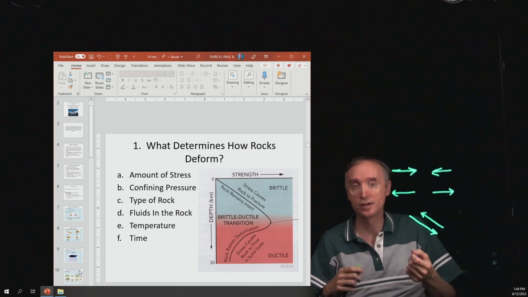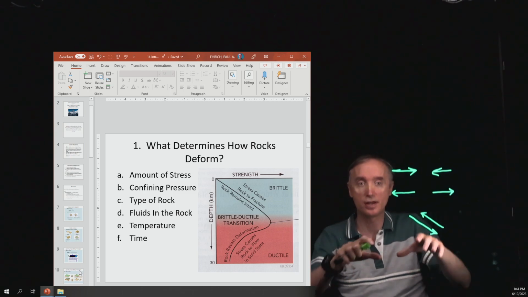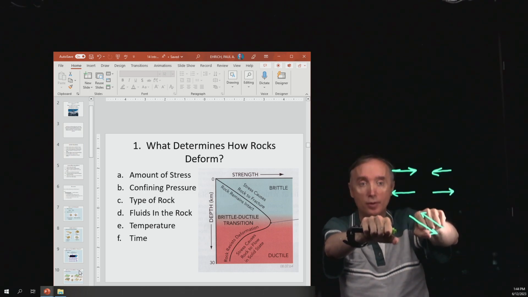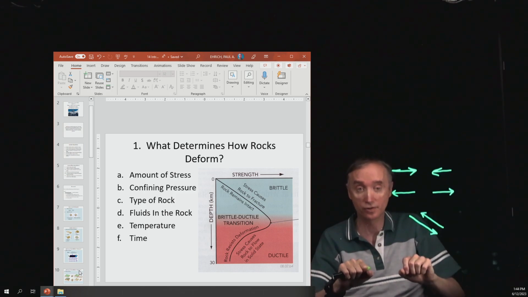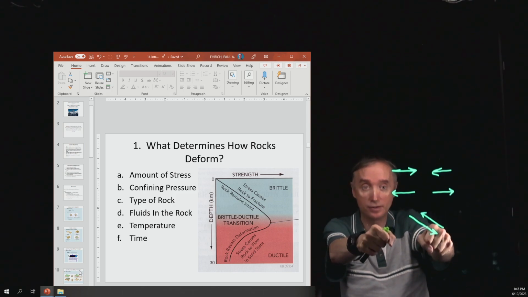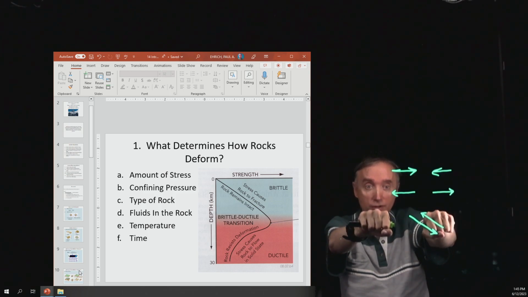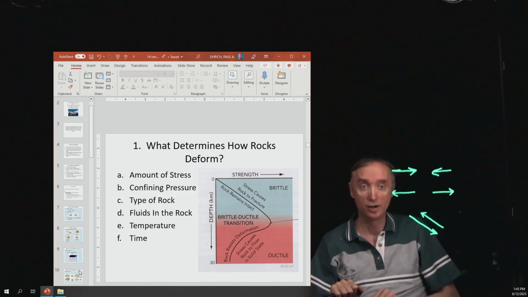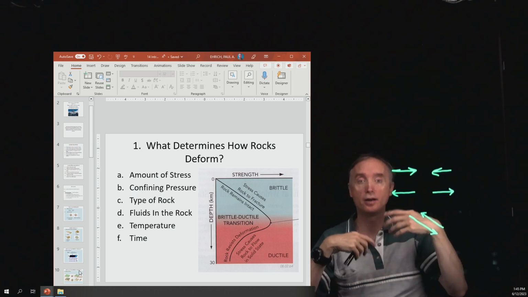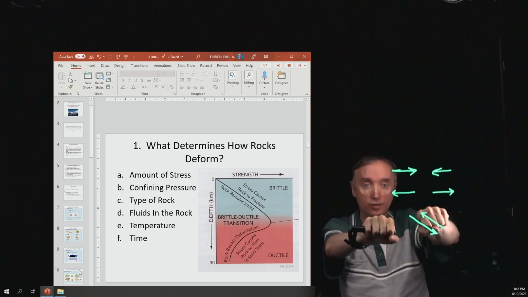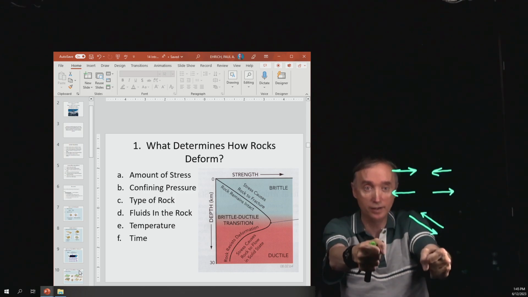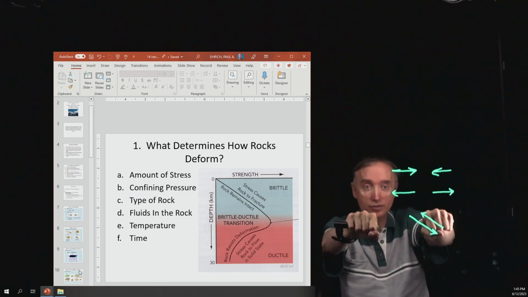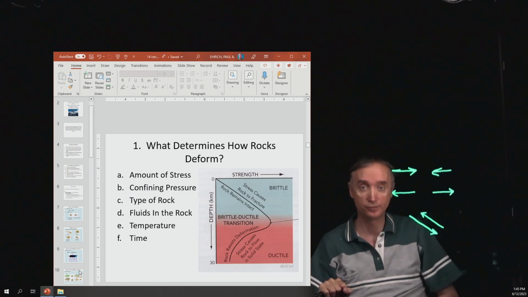So what's going to determine whether it does this or not? So one is going to be the amount of stress. So if you take a rock and you apply a small stress to it, it's going to bend, but if you release that stress, it goes back to its original shape. On the other hand, let's say you apply a lot of stress to it. Well, then it could break, or depending on the temperature, it may not break, but it doesn't return back to its original shape.